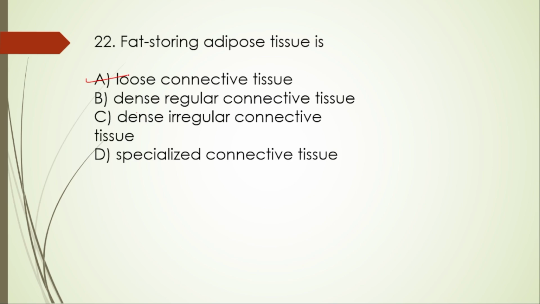Actually, loose connective tissue includes tissues where the fibers are loosely woven. It includes areolar tissue and adipose tissue. It is primarily located beneath the skin and serves as a reservoir for fat and a cushion for the organs.